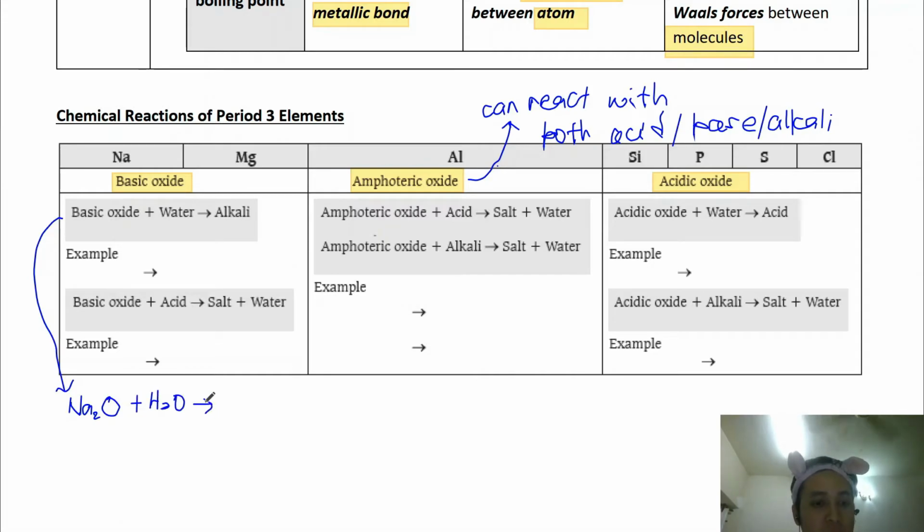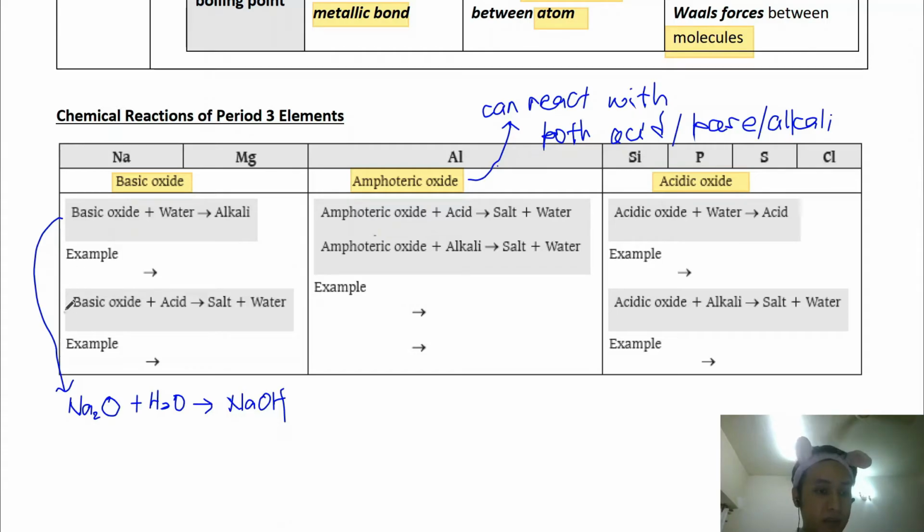I'm going to get alkali, so this one I will be getting sodium hydroxide. This equation is not balanced, so I leave it to you to balance the equation. So this is the first example.